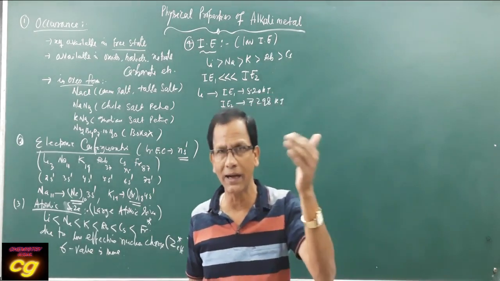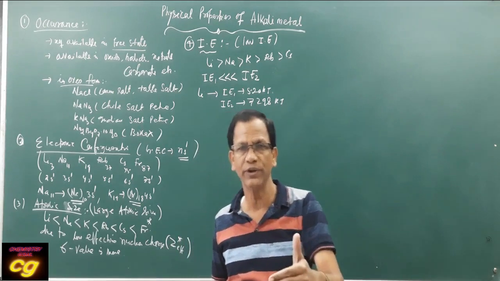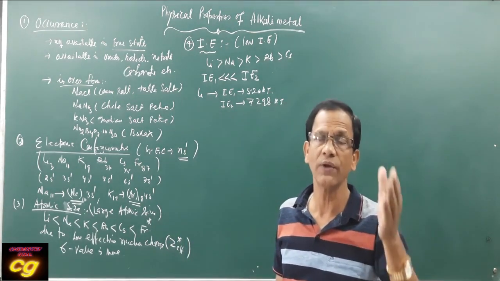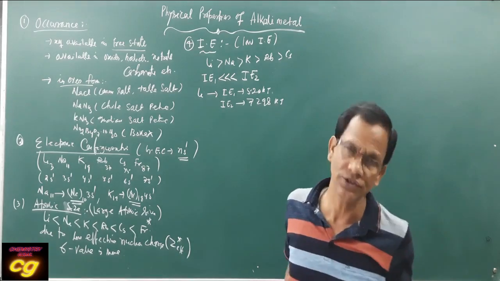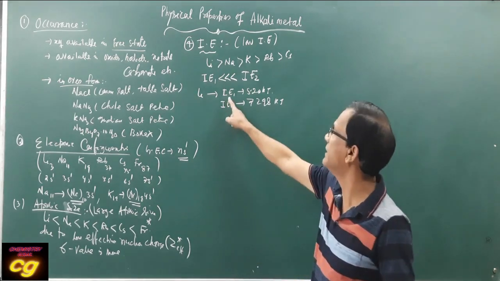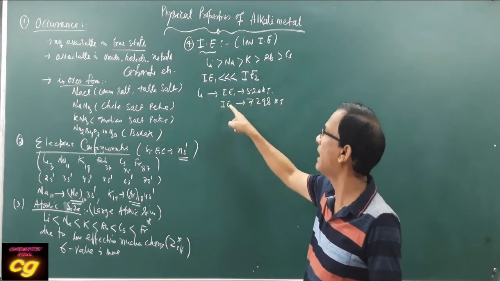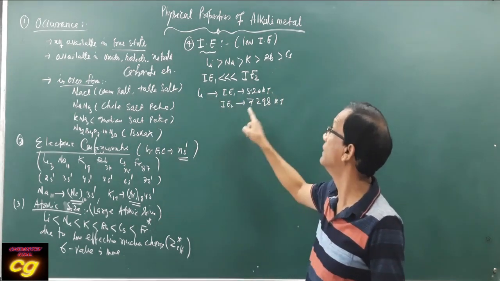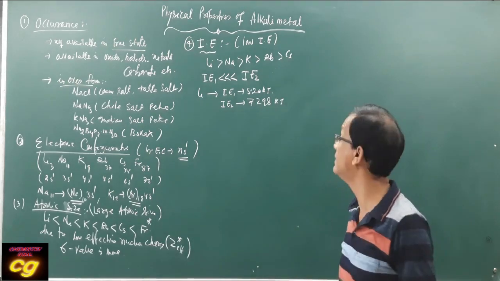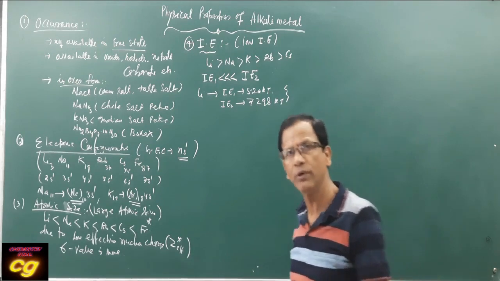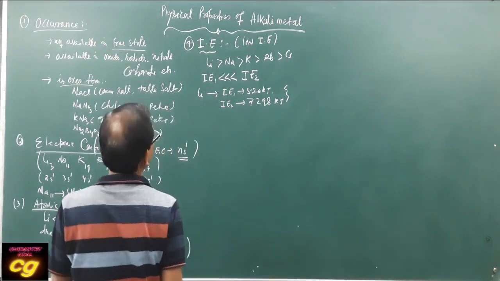As they attain the noble gas configuration, removing the next electron, the second electron, requires very high energy. That's why I1 is 520 kilojoule for lithium, but I2 of lithium is 7298 kilojoule. The difference is very high, so you have to remember it.